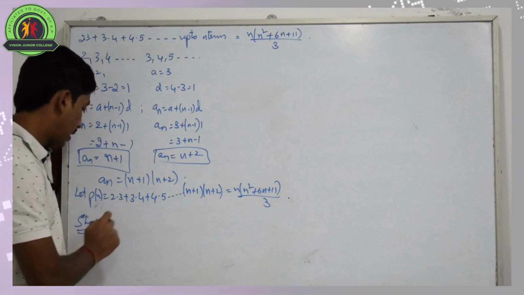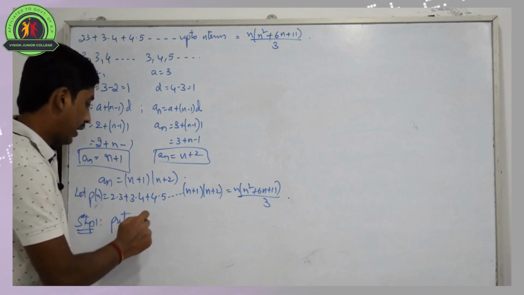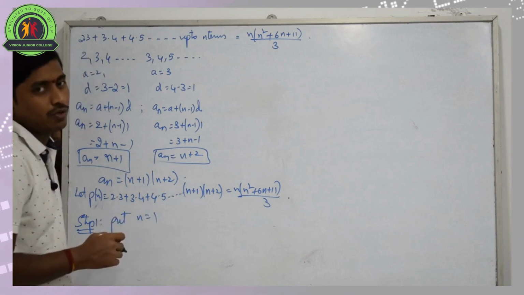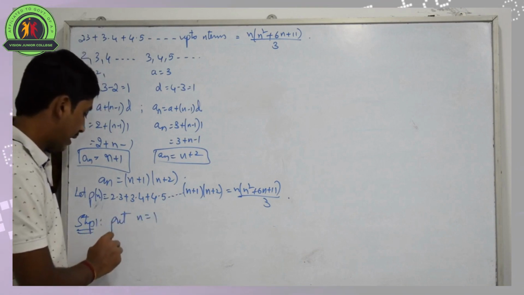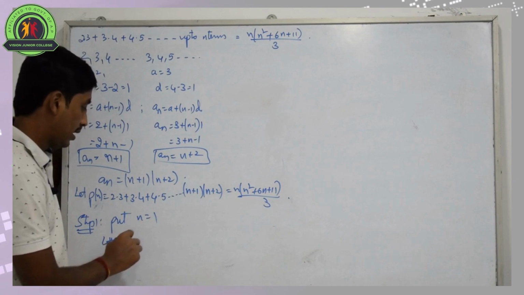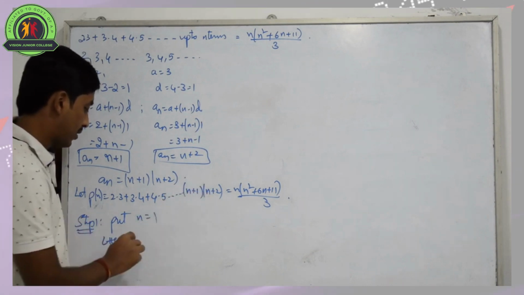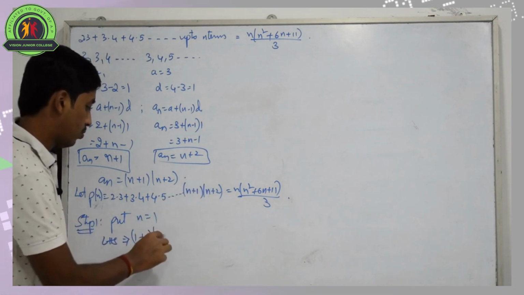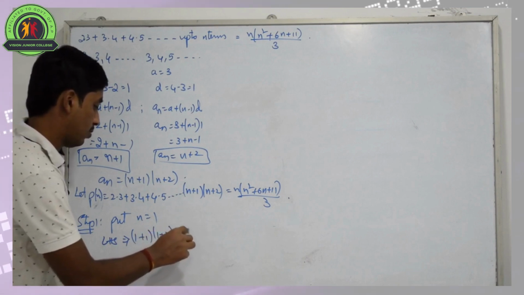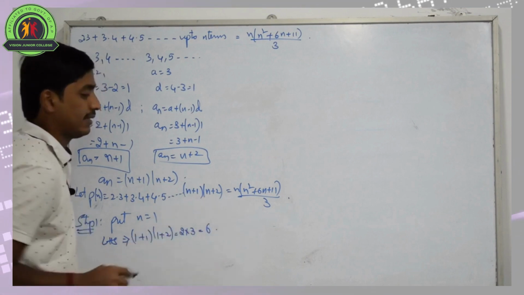Step 1 is, let us put n equal to 1. How to do now? LHS will be n plus 1 into n plus 2, that is 1 plus 1 into 1 plus 2, that is equal to 2 into 3, that is 6.